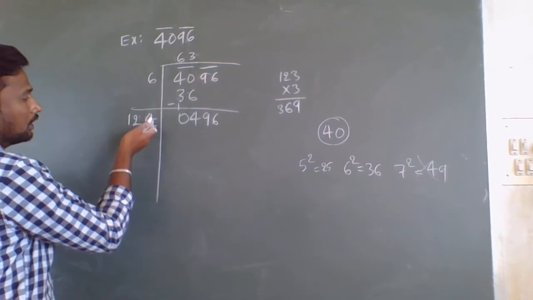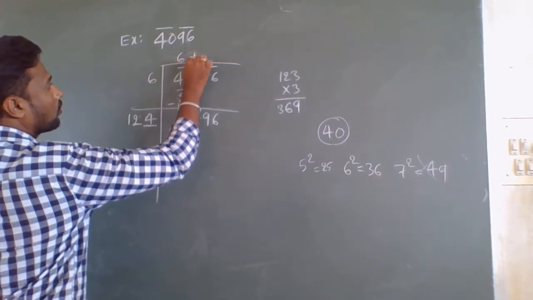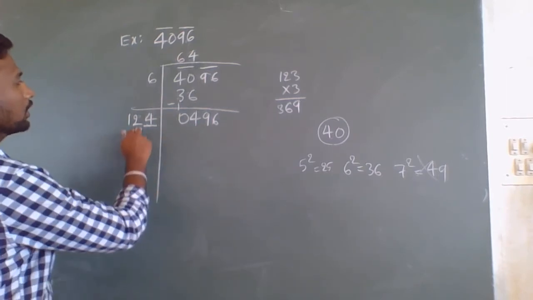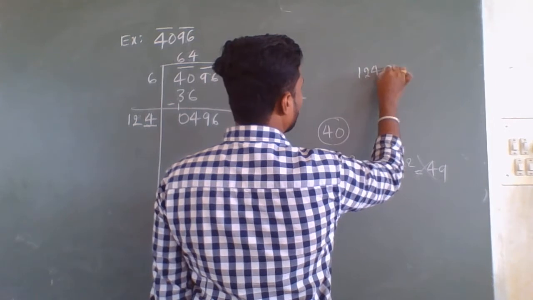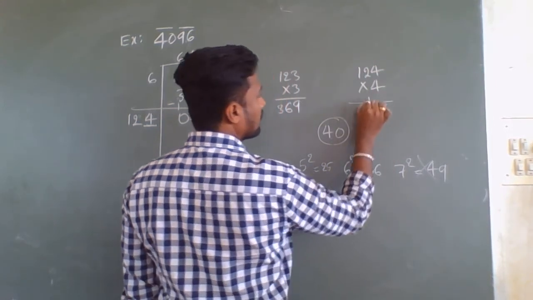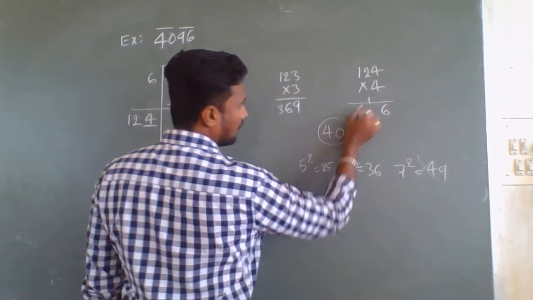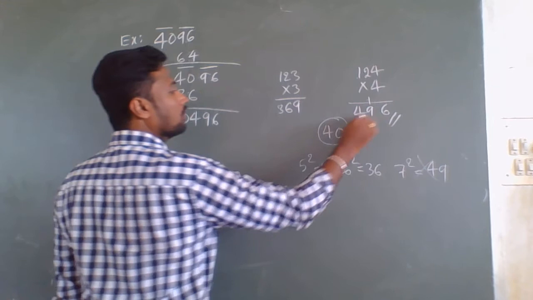Okay. So now again I will check with the next digit, means I will try to write here 4. Suppose for example here I have written 4, means here I should write 4 only. Okay. Means 124 into 4. 124 into 4 means 4 fours are 16. So 1 is carry, 4 twos are 8, 8 plus 1 is 9, 4 ones are 4. So here also we got 496.